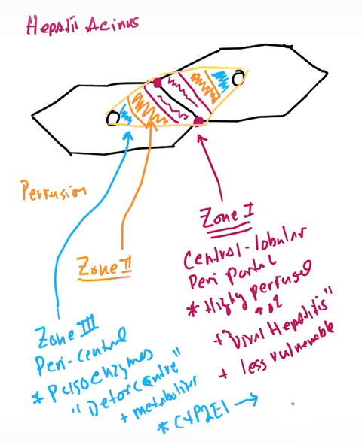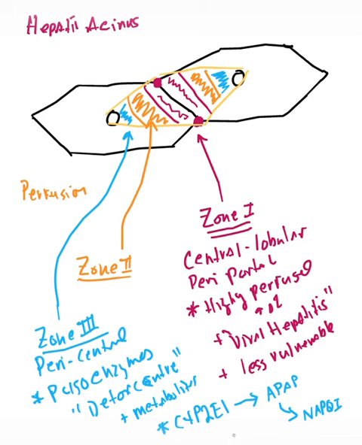And if you've been watching my videos on some of the toxic substances, you will know that CYP2E1 enzymes are particularly important in the metabolism of acetaminophen to its toxic metabolite NAPQI. So this zone is going to be particularly at risk for acetaminophen toxicity, because this is where you're going to have higher levels of the NAPQI metabolite, and so a much higher risk for hepatotoxicity.